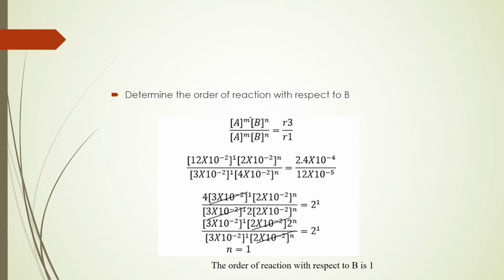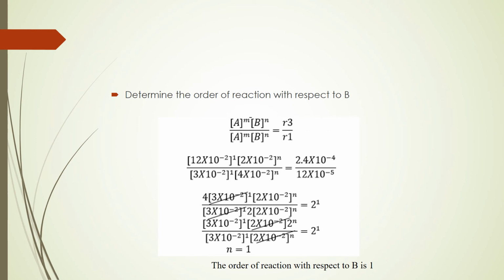Now we can cancel out certain things here. As you can see, we can cancel out 3 times 10 to the power of minus 2 over 3 times 10 to the power of minus 2. So we are left with 2 to the power of n.